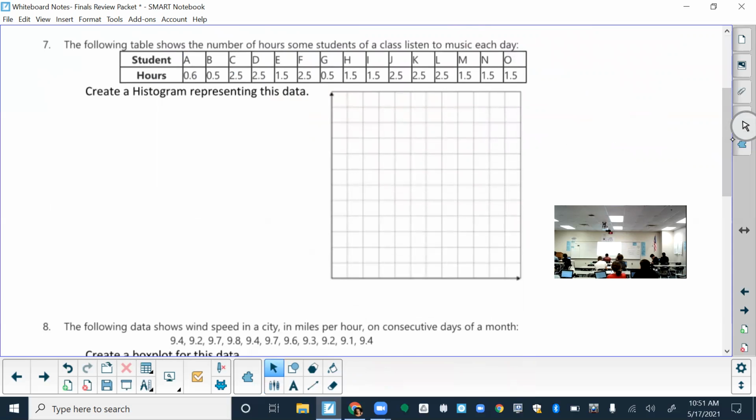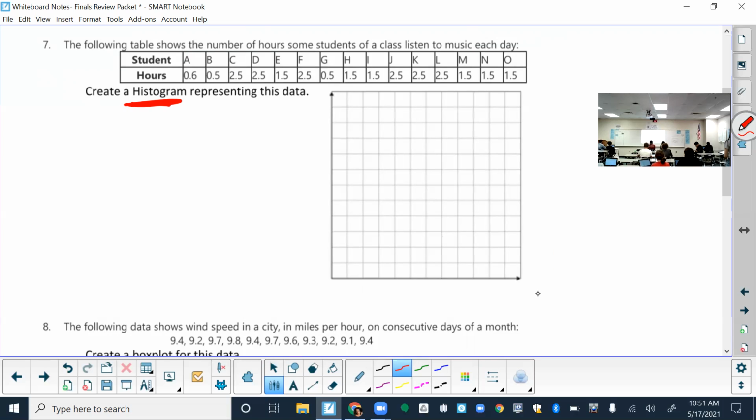So the following table shows the number of hours some students of a class listen to music each day. Create a histogram. Histograms are different than most of your other graphs. Histograms need to have intervals down here of what numbers your data falls into.